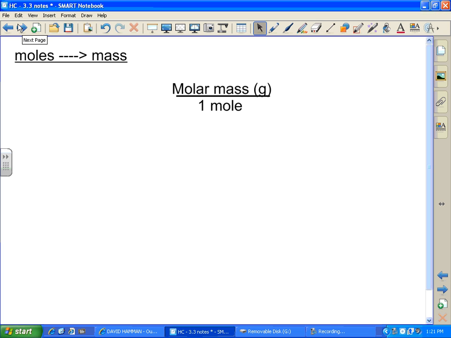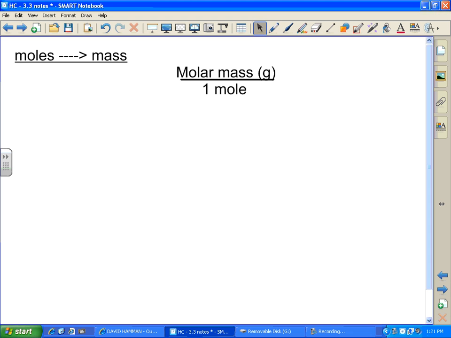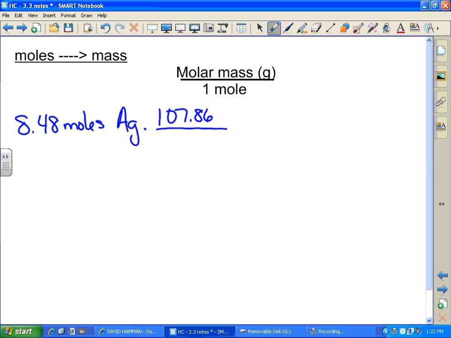So let's say the first one, we do a calculation from moles to mass. Here's the conversion factor that we will use. If I give a simple calculation here, we have 8.48 moles of silver. How many grams would that be? What would be the mass of that amount of silver? Well, we would multiply by our conversion factor. We have moles, we're trying to go to mass, so we need to know that the mass for 1 mole of silver is 107.8682 grams from the periodic table I used, over 1 mole of silver.